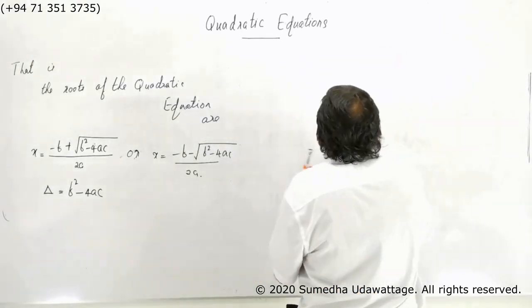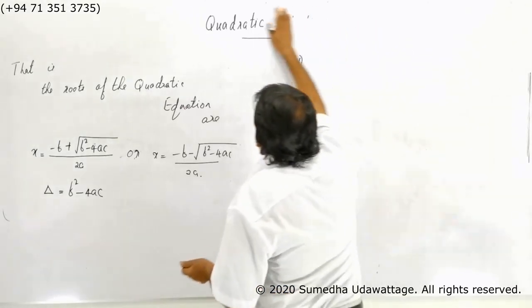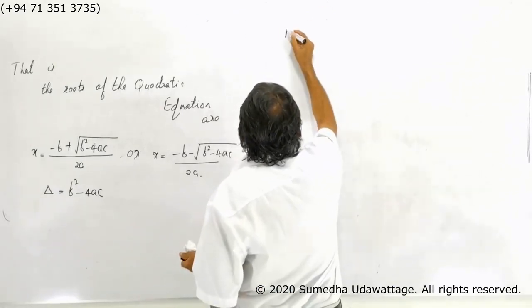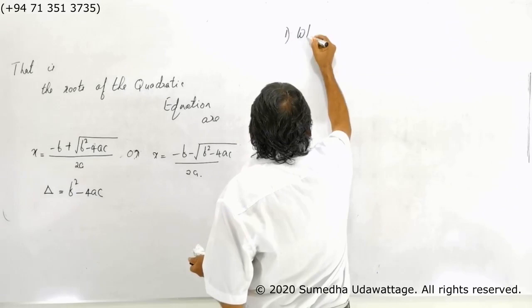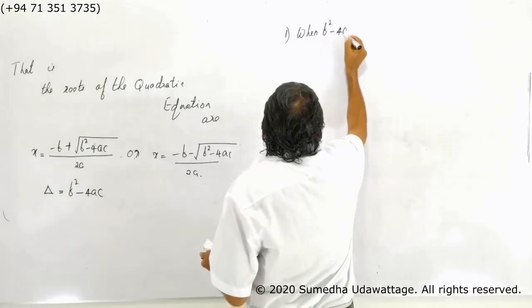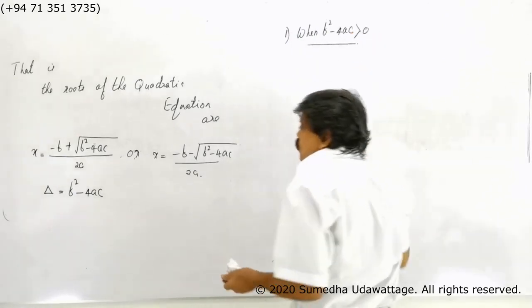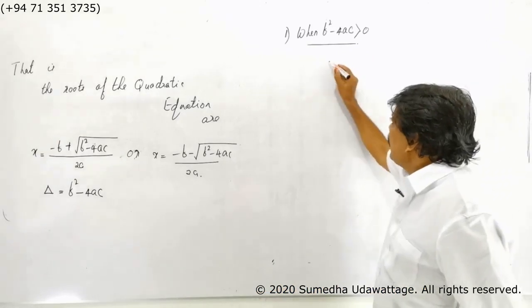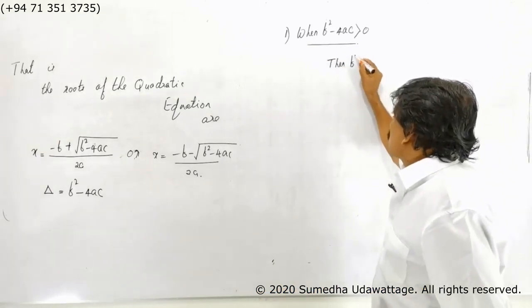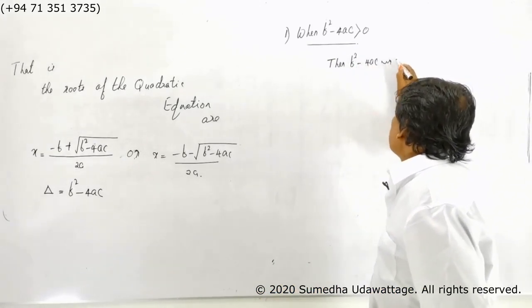Look here. 1. When b square minus 4ac is larger than 0, then b square minus 4ac is a plus value.